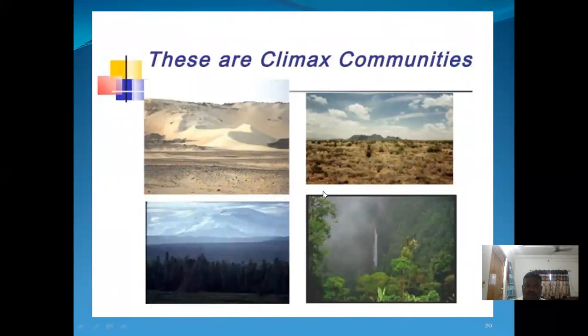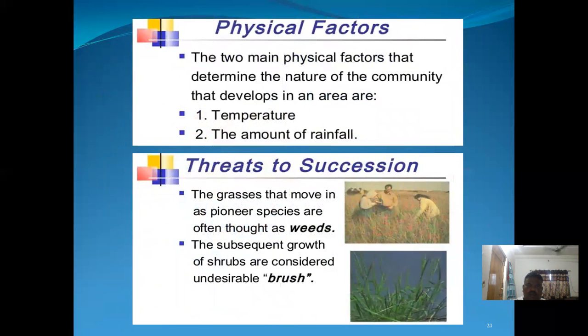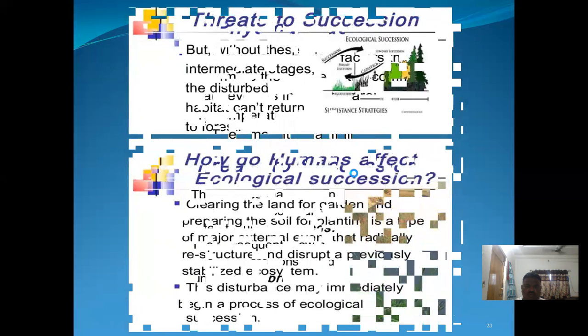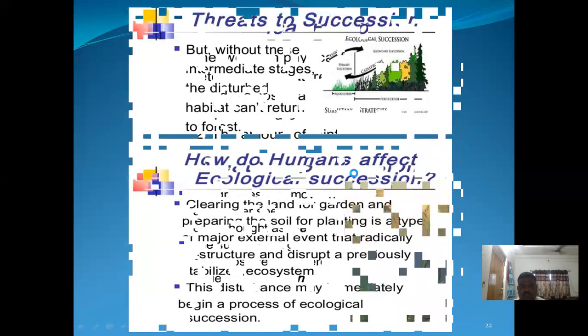These are some climax communities, the photograph showing different communities in the final stage. There are some physical factors that determine the nature of the community that develops in the area: temperature and the amount of rainfall.